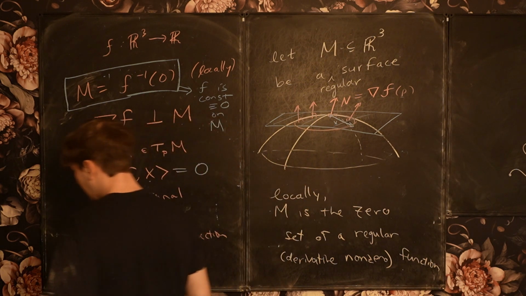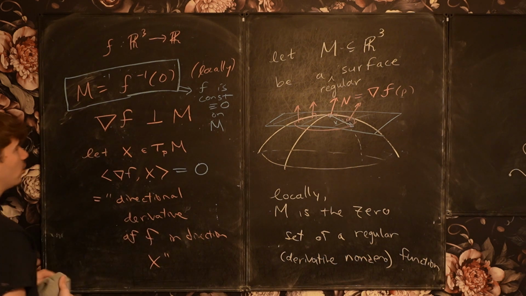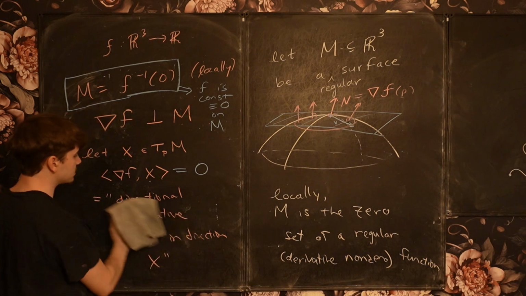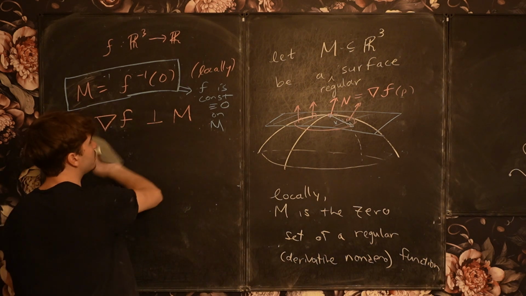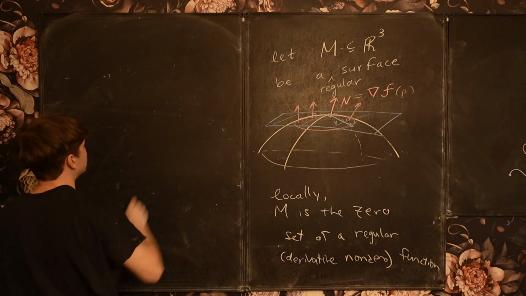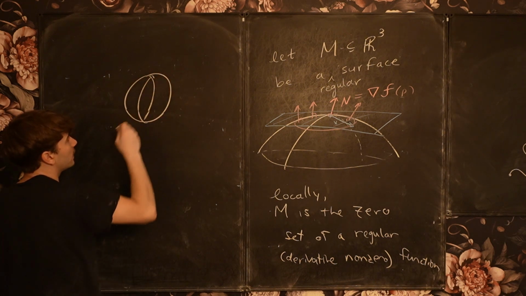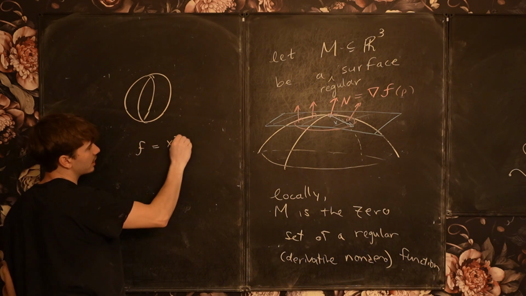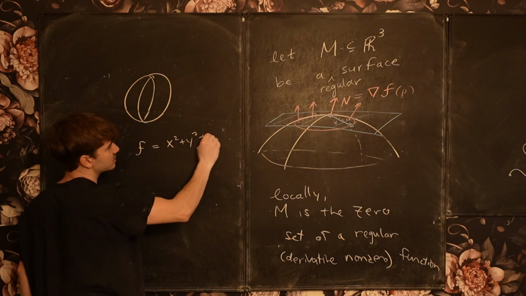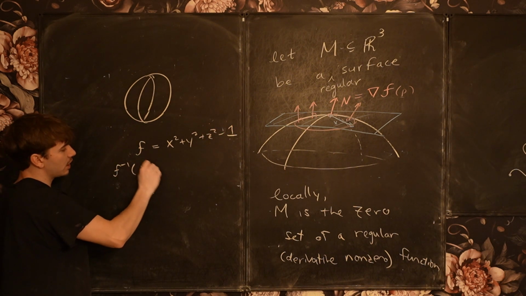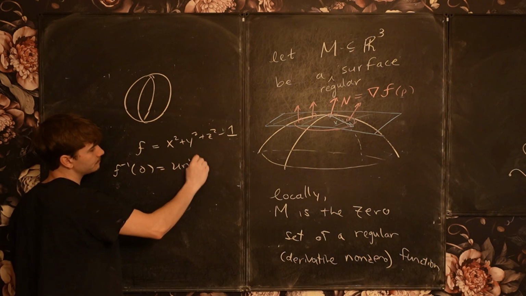Okay? Now, let's quickly go back to the example of the sphere just to see where I'm going with this. So, if we go back to the sphere, and my function f is just x squared plus y squared plus z squared minus 1, then f inverse of 0 is the unit sphere.